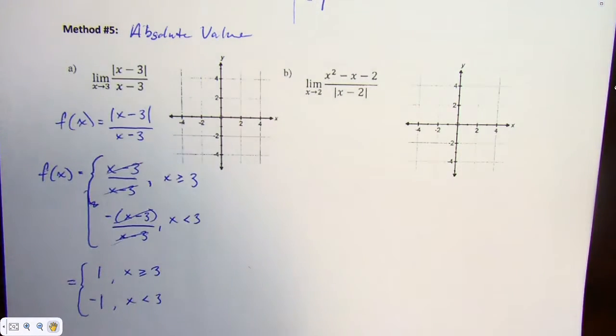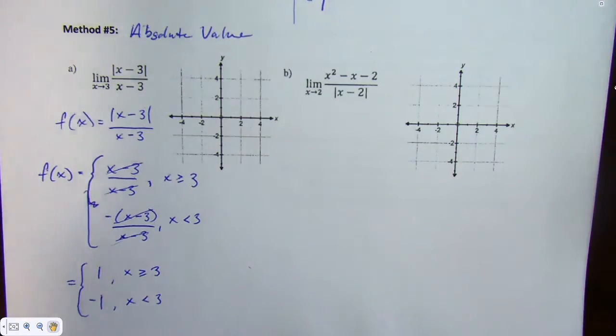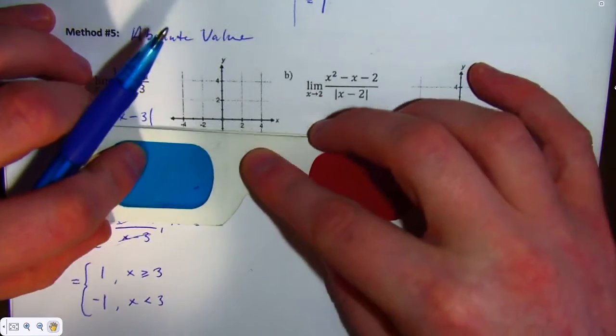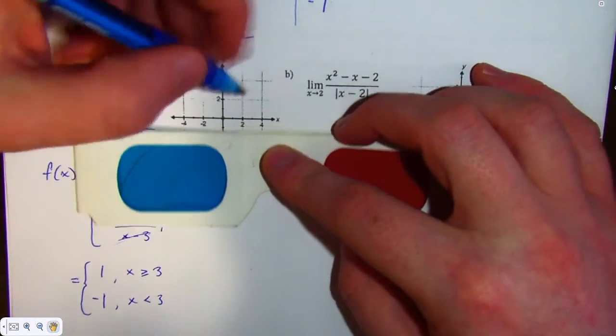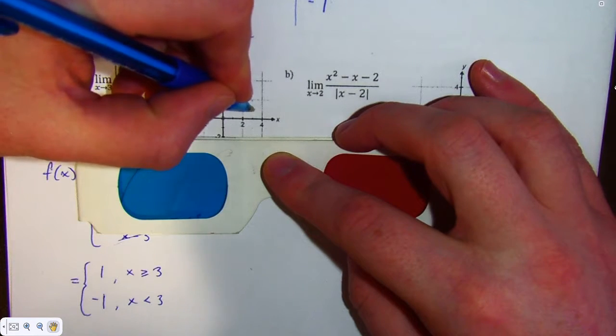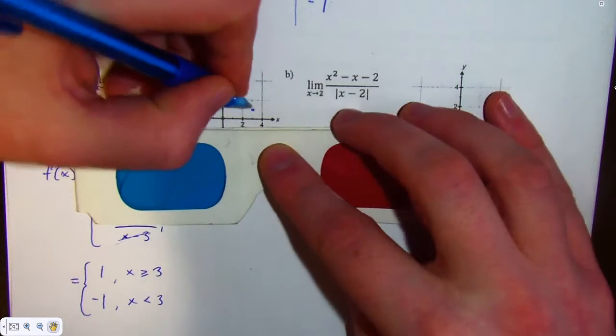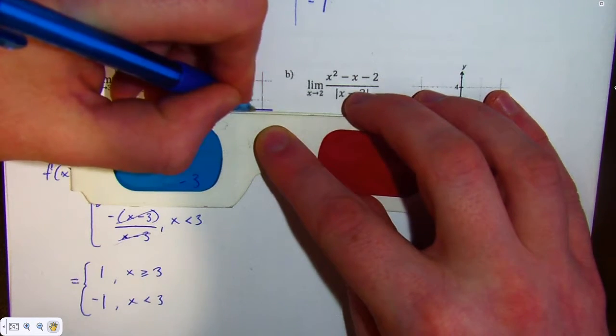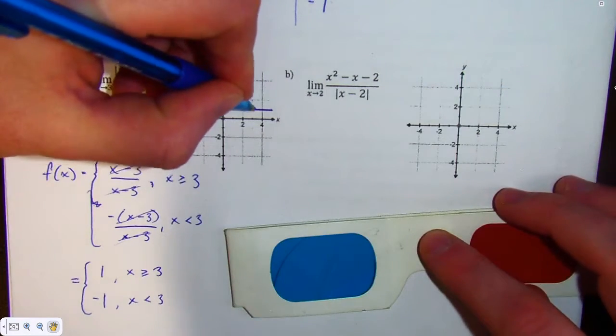So, let's see. We're going to graph that. So we're going to go back. So when it's greater than 3, it goes off like that.